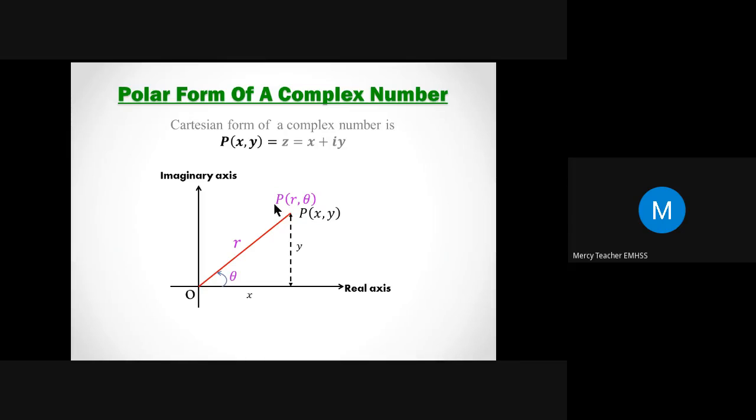Okay, so this is the polar form of a complex number. Now we have to calculate what is r and what is theta, to find the value of r and theta.